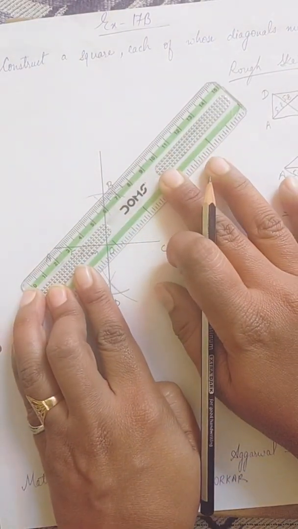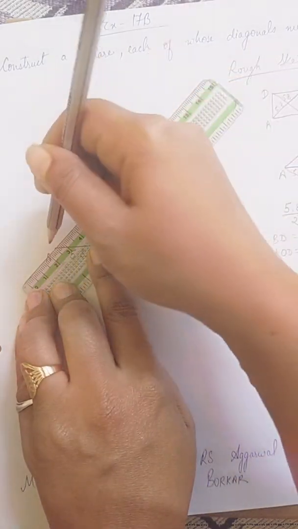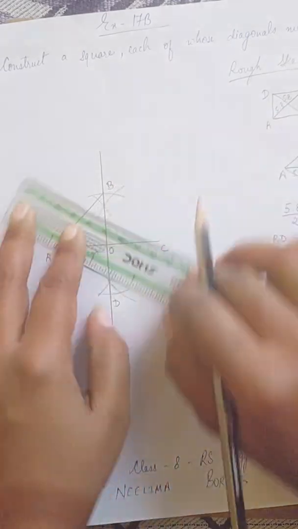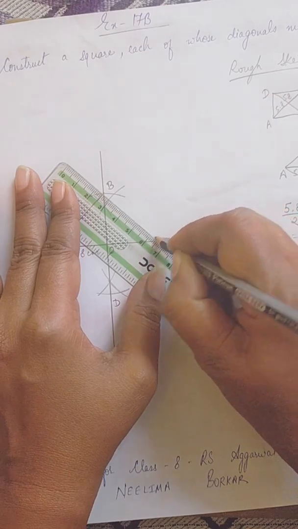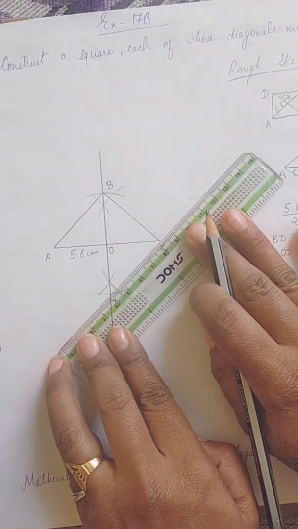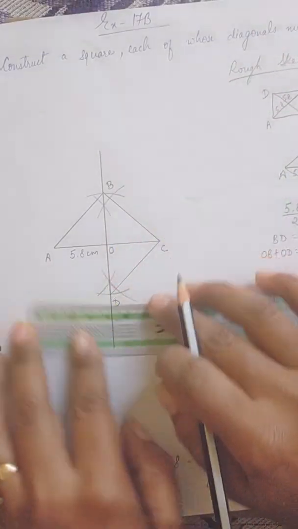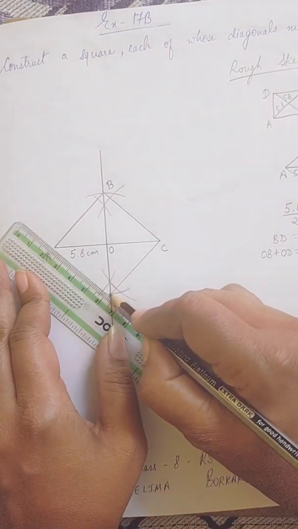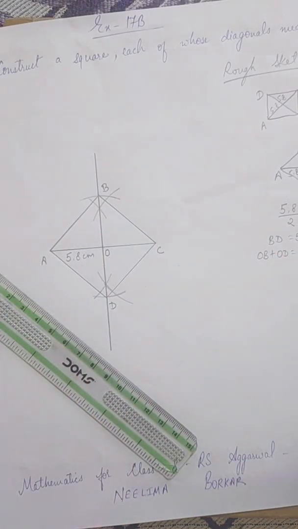So let us join. Okay, so we got a square.